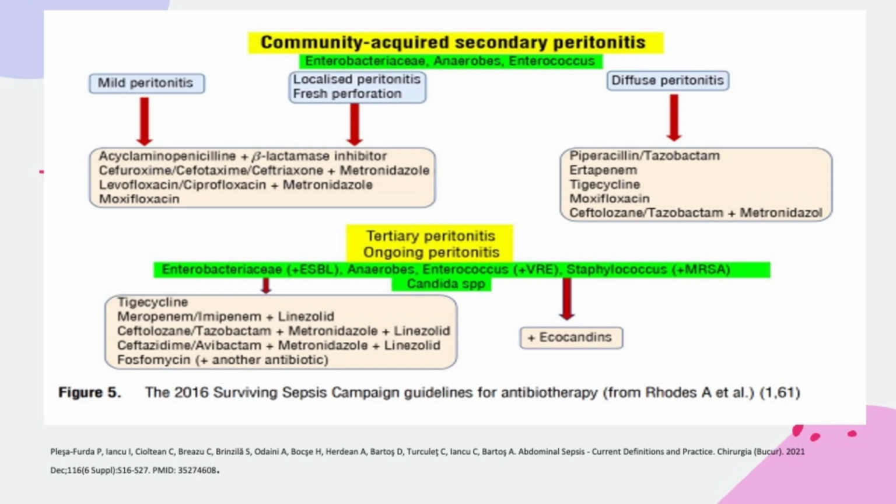For tertiary peritonitis or ongoing infections involving resistant organisms like Enterobacteriaceae ESBL, VRE, MRSA, or Candida species, advanced antibiotics such as tigecycline, meropenem or imipenem with linezolid, ceftazidime/avibactam with metronidazole are recommended, often combined with antifungal agents like echinocandins for fungal infections. This classification ensures targeted antimicrobial therapy to address the severity and resistance patterns of the infection effectively.